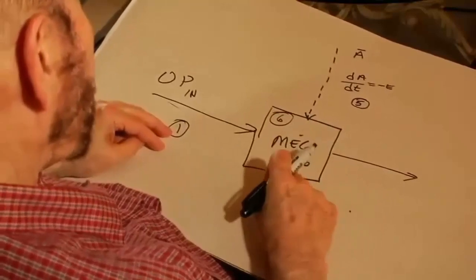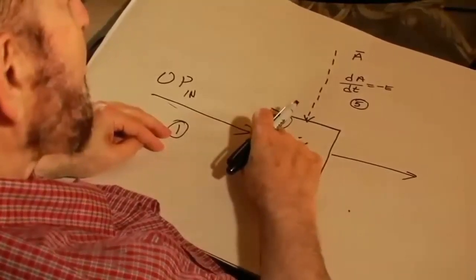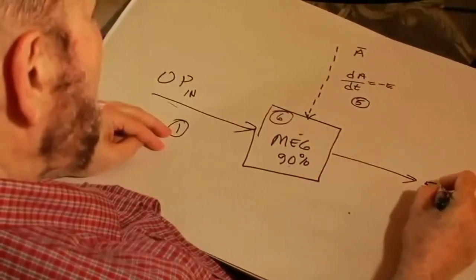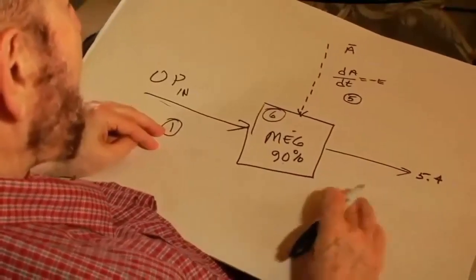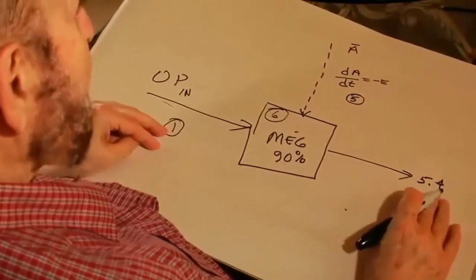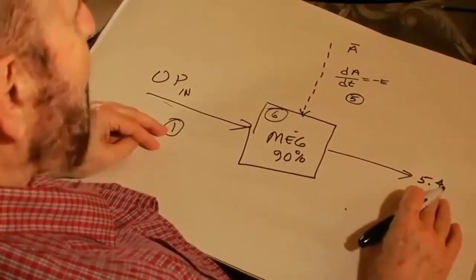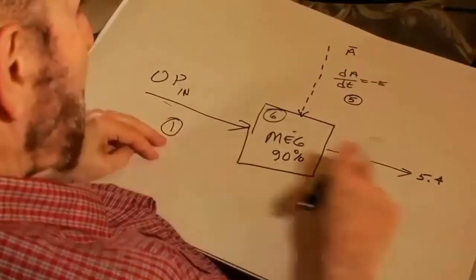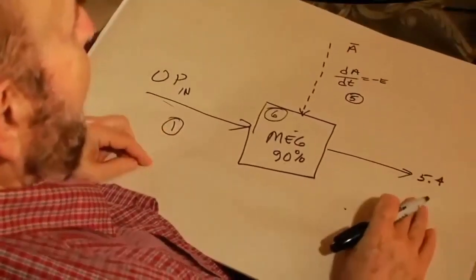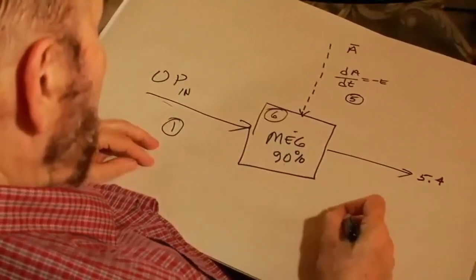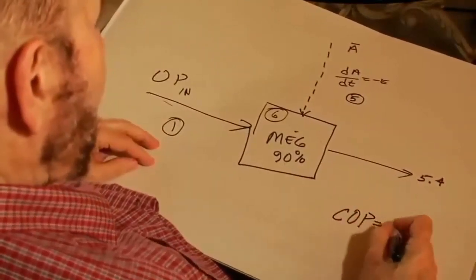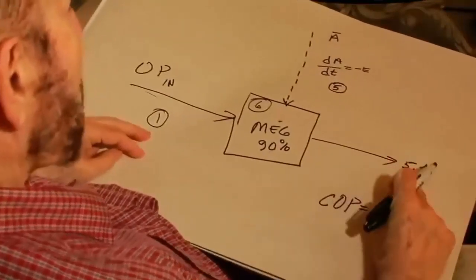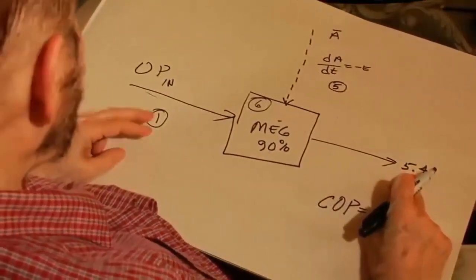Coming out of that, I'll have 90% of the 6 parts, which is 5.4. So my energy that I'm getting out is 5.4 parts. What's the COP? I put in 1, I get out 5.4, divide 5.4 by 1, the COP is equal to 5.4. I get 5.4 times as much usable energy out as I get in.